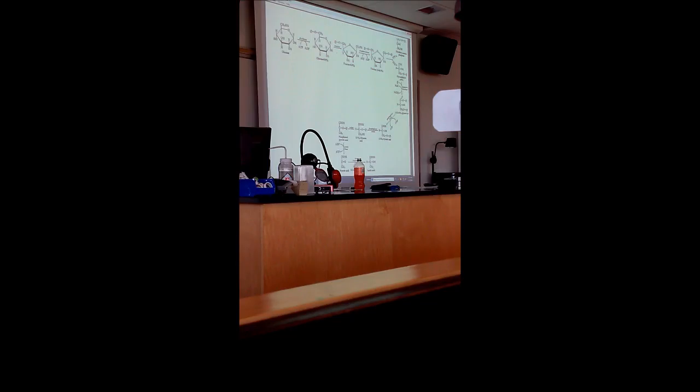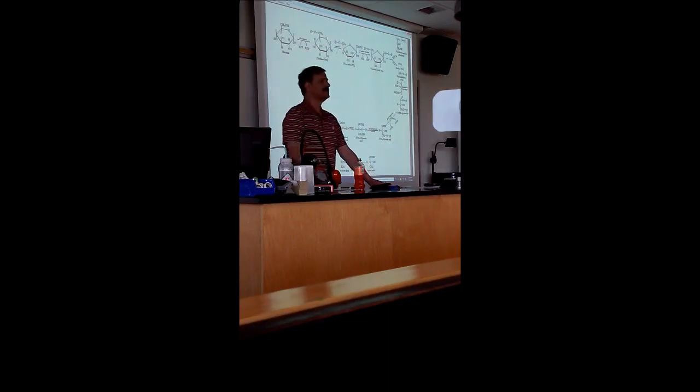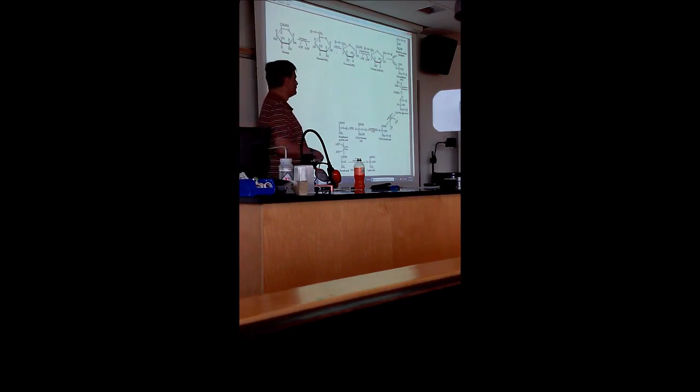Okay. The third reaction is another phosphorylation reaction. Remember, phosphorylation is transferring a phosphate group, or adding a phosphate group. So once again, we have ATP, and once again, ATP breaks down to ADP. Let's go ahead and check the reaction off.